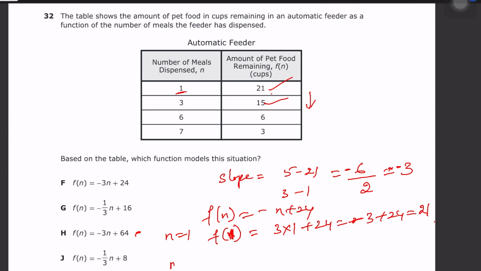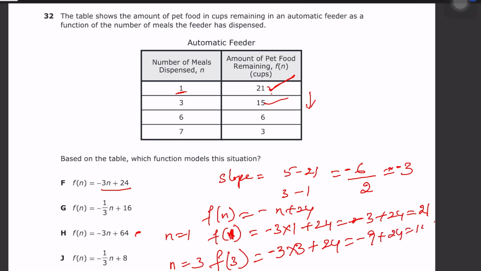Now we'll put n equal to 3 and see. f(3) = -3 into 3 plus 24 is -9 plus 24, which is equal to 15. So you're getting even this value correct.